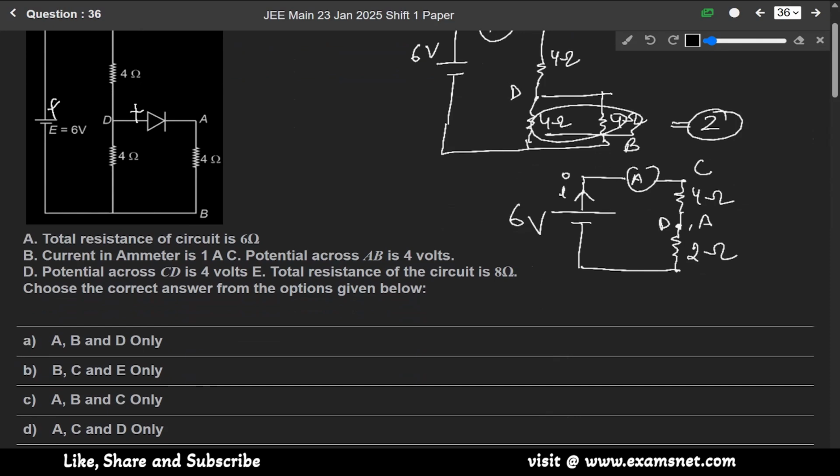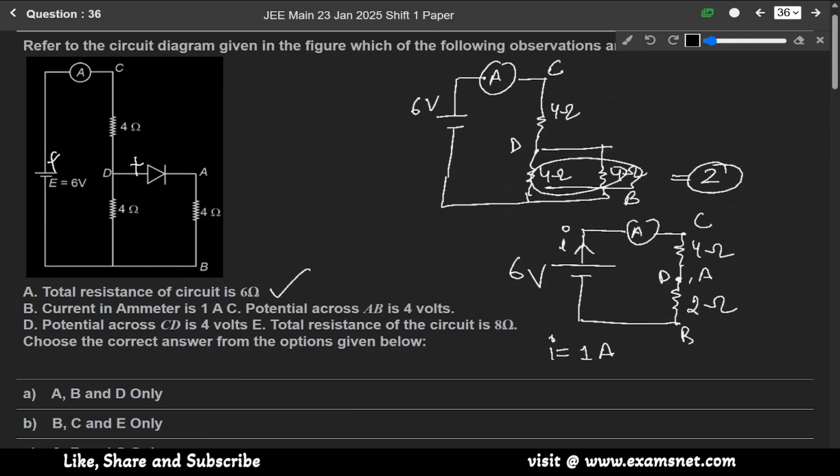Okay. This is correct. Current in the ammeter is 1. Potential across AB is 4. Okay. If we take 1 ampere current, I equals 1 ampere, then the potential across AB, this is A, this is B. So for AB, this is 2 ohm and this is 6.